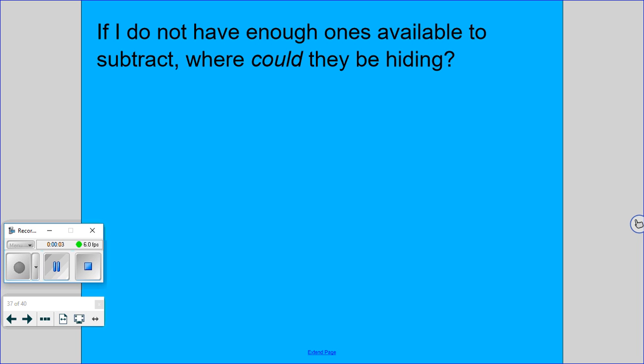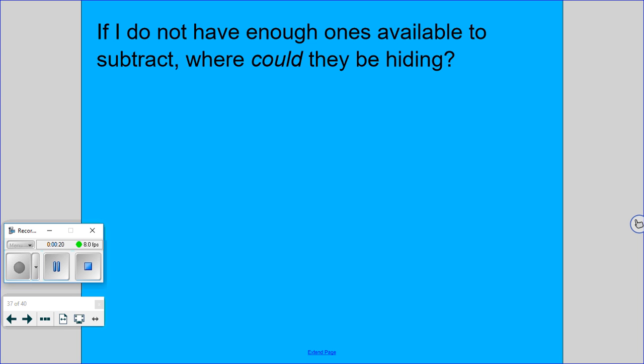Again, our question is, if I do not have enough ones available to subtract, where could they be hiding?